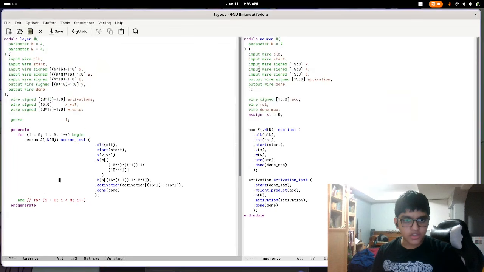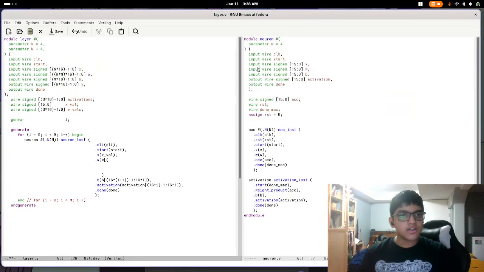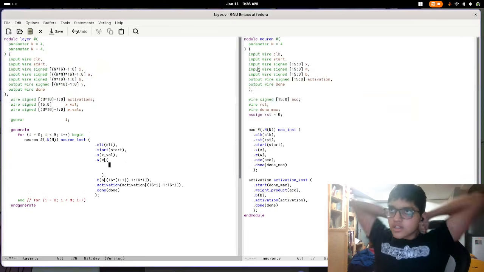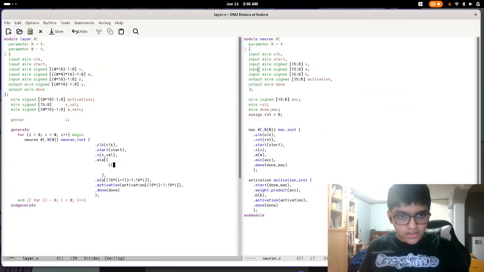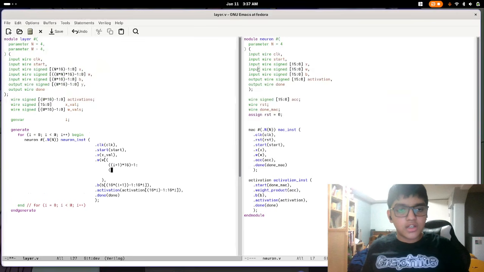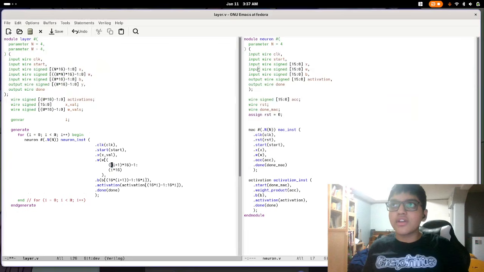And then if we go back over here, instead of doing these shenanigans, we can just say it's equal to I plus 1 times 16 minus 1 to I times 16. So then on the 0th, yeah, that checks out.